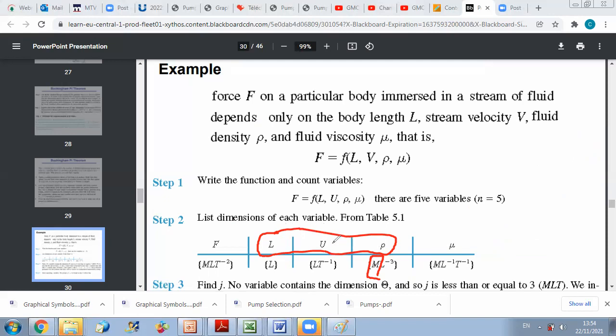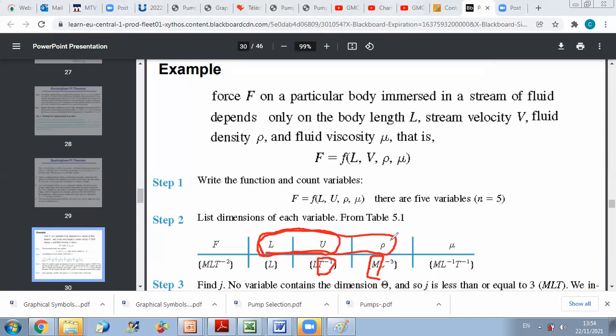Now, if rho is included, M cannot be eliminated. Maybe I can form a group between L and U. I can check. Also, I cannot form a group between L and U because T is only present in U; it's not present in L. So I cannot form any group between these 3 variables.